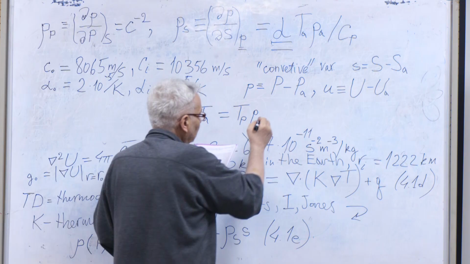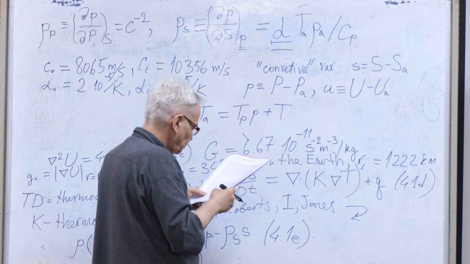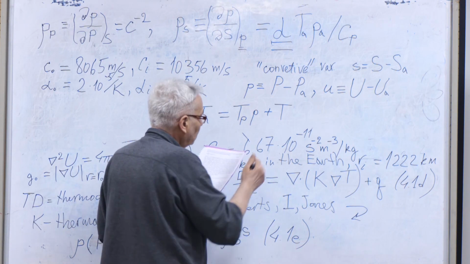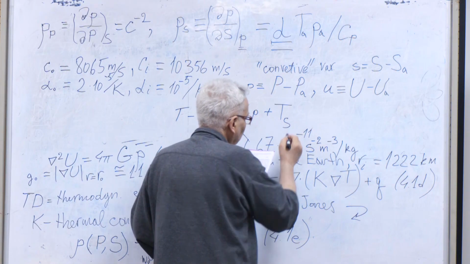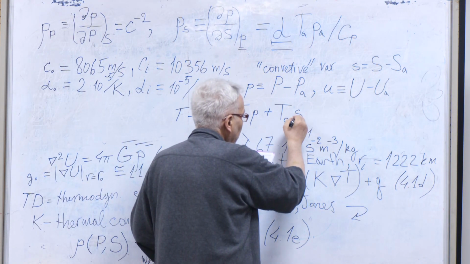In a similar way we have a plus term, the derivative working under constant entropy, multiplied by s.